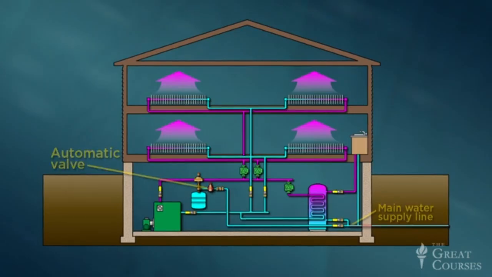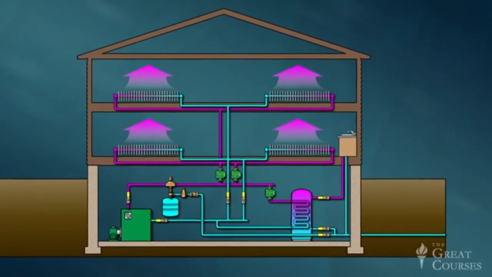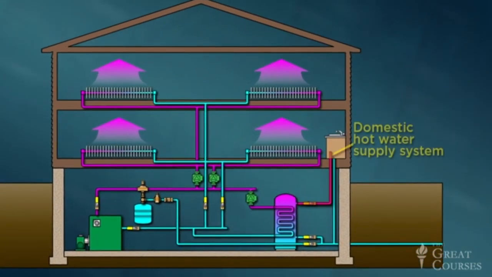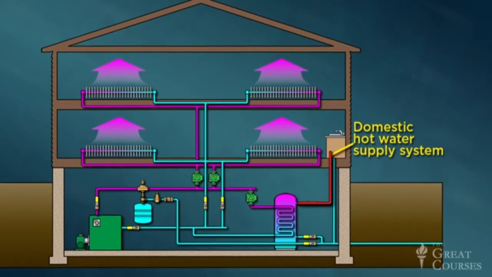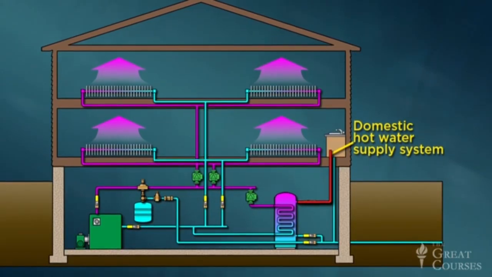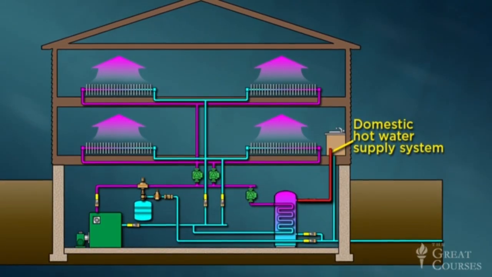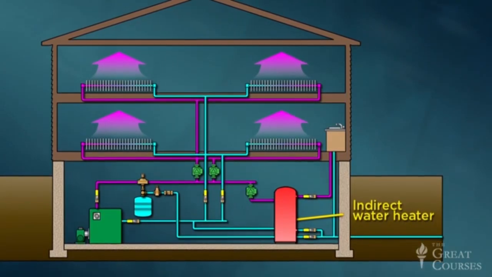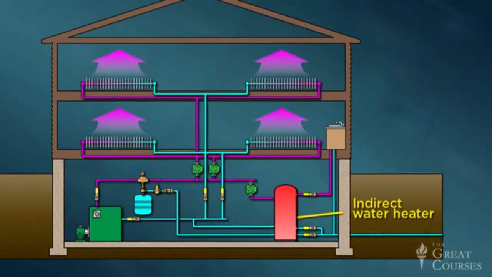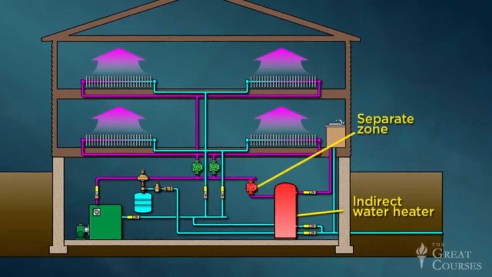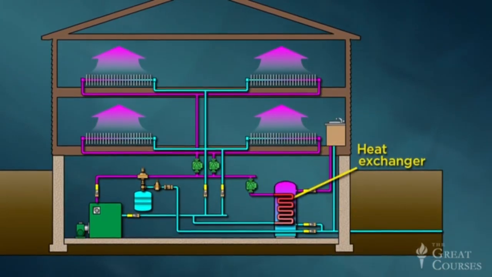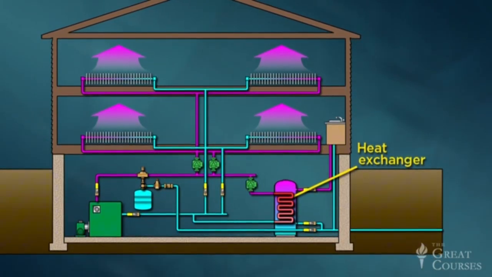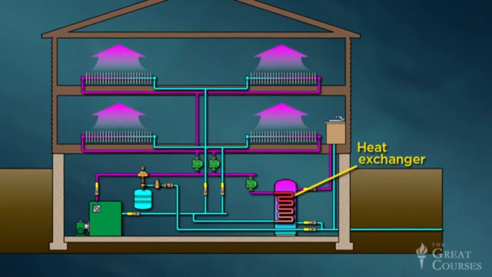And third, unlike forced air, hydronic heating can be integrated with the domestic hot water supply system. The most common technology for accomplishing this interconnection is the indirect water heater, a heavily insulated tank that's heated by one loop of the hydronic system set up as a separate zone. A heat exchanger transfers heat to the potable water without allowing the two streams to mix.